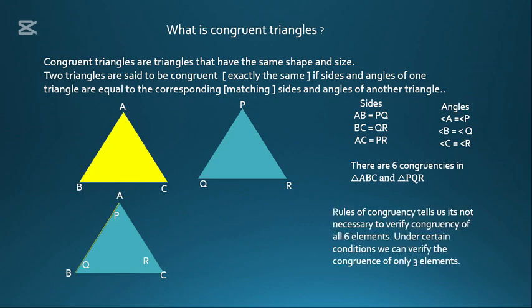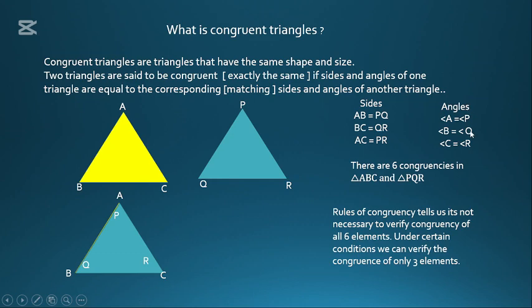According to the rules of congruency, it's not necessary to verify congruency of all 6 elements. Under certain conditions, we can verify the congruency of only 3 elements. If all 3 sides of one triangle fit on all 3 sides of another triangle, then they are congruent.